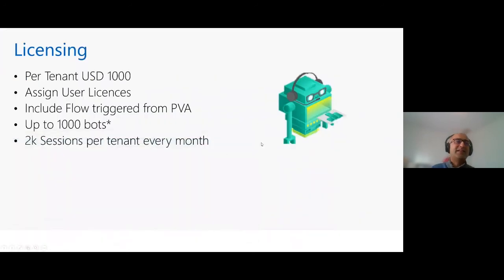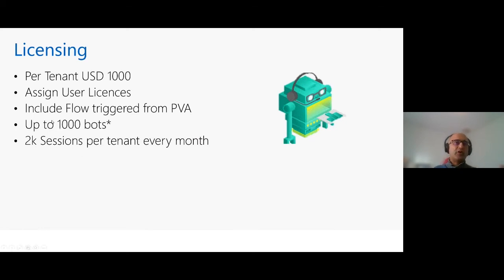Next is licensing. As of now, PVA licenses are available per tenant, and the price is 1000 US dollars, and any number of users on that tenant can start using PVA after that.